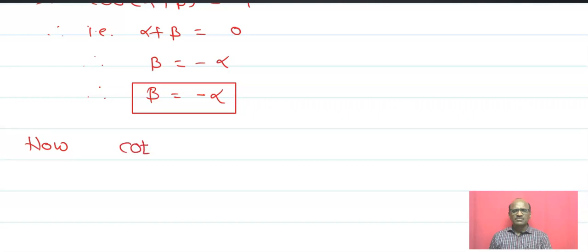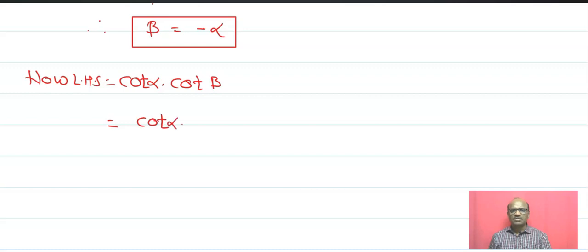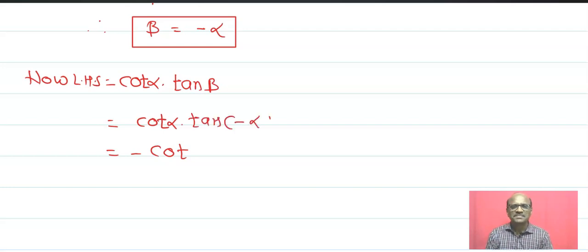Now that is cot alpha into cot beta is equals to cot alpha into cot of the value of beta, which is minus alpha, and that is nothing but cot alpha into tan of beta, that is the minus.